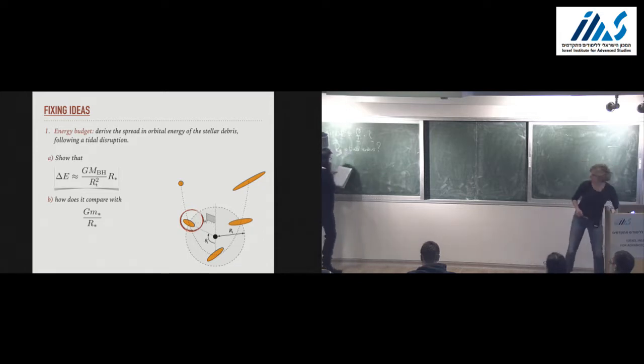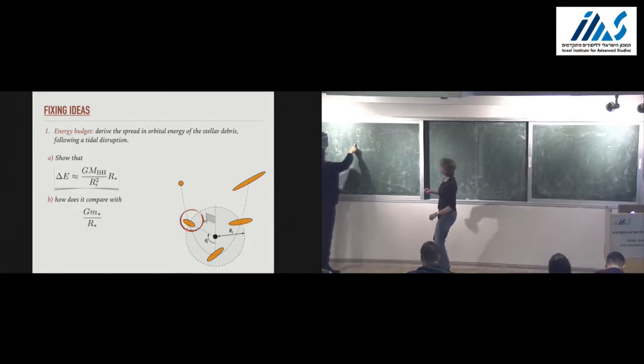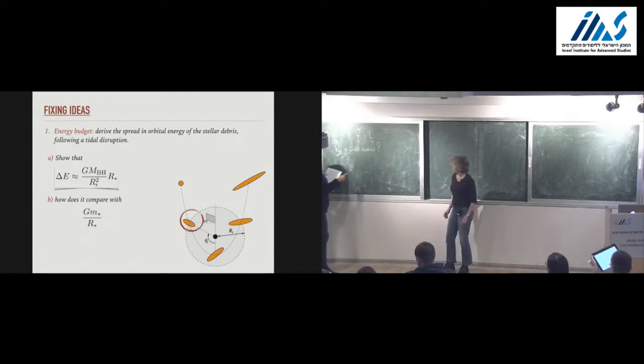Okay, so you asked us to look at terms of work. So the force per unit of mass, so it's the gravitational force that the black hole puts on an element of mass on the star at the tidal radius.